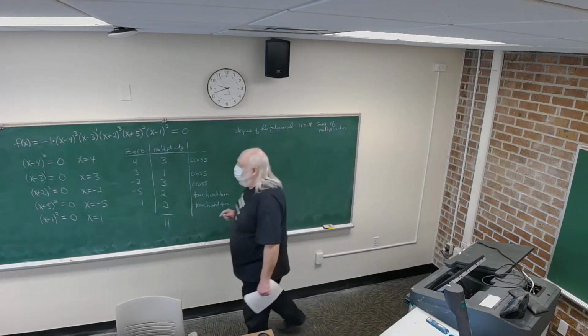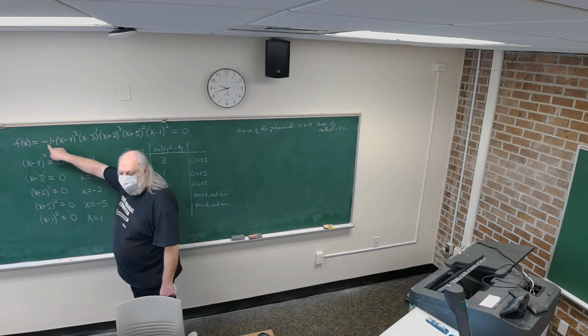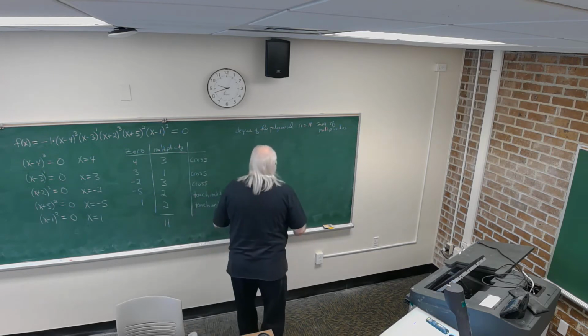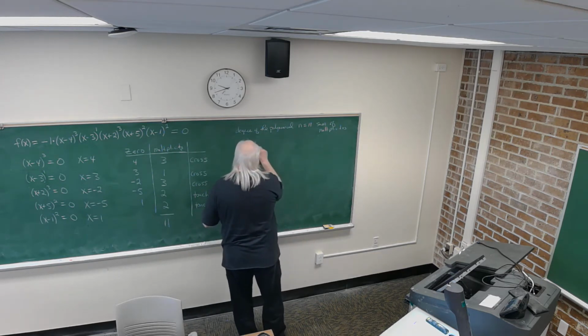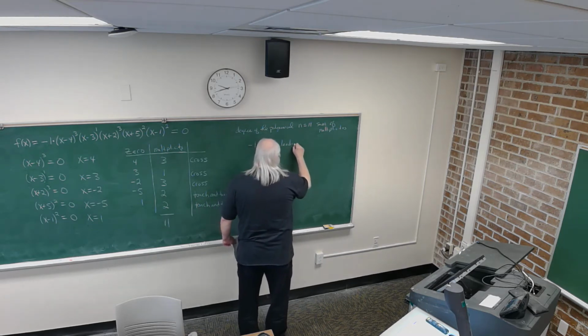And the leading coefficient of this polynomial function is minus 1. Right? This number out in front here. So minus 1 is the leading coefficient.